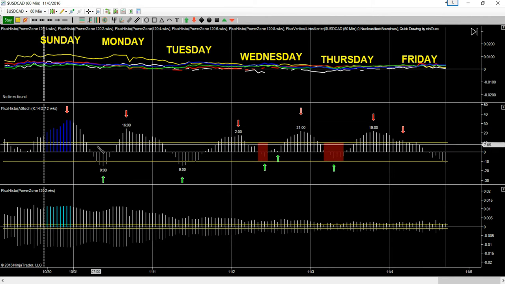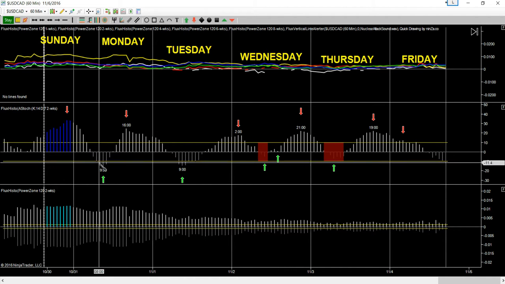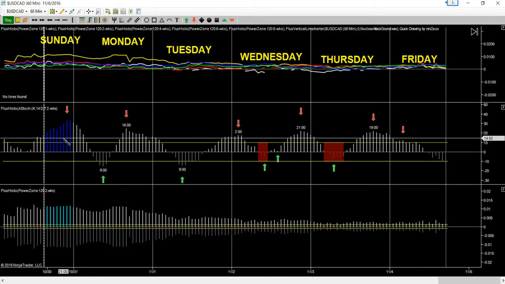Who knows how fast, because sometimes the Canadian is just going to consolidate and not really move in an Asian session until we get to the New York session, and then it moves. Okay, traders.